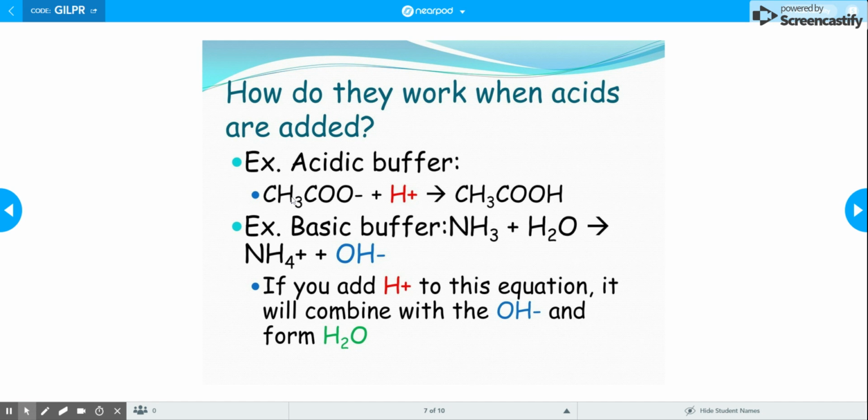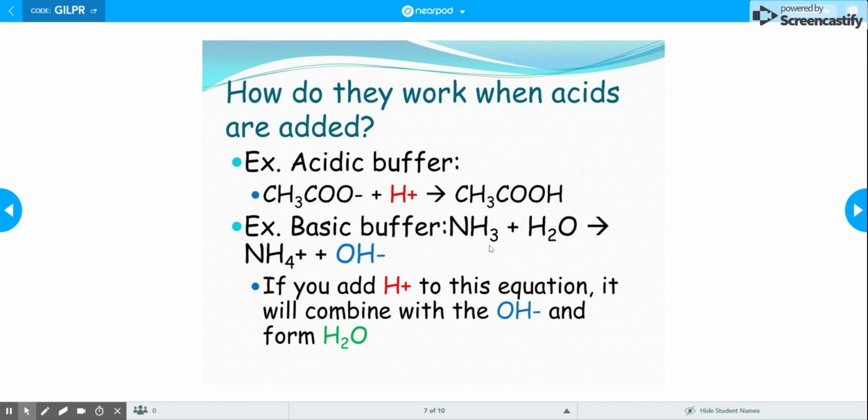So we said that in an acidic buffer, you're going to have the weak acid and its conjugate base. So here's the conjugate base right here, and it's going to combine with that hydrogen being given off from the acid, and then it's going to form this substance, which is not H3O+. So it's something different. So therefore, it's not going to change the pH.